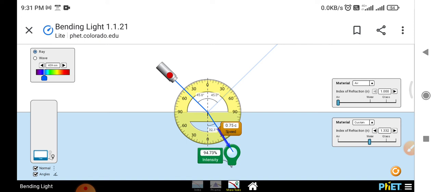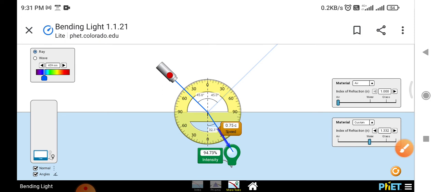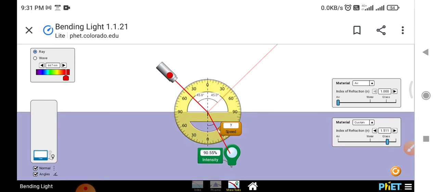Please watch here. This is the intensity. So the intensity of the light is changed. Maybe if I change the medium, everything will be changed. See here.